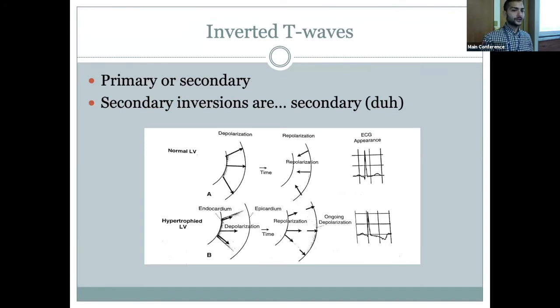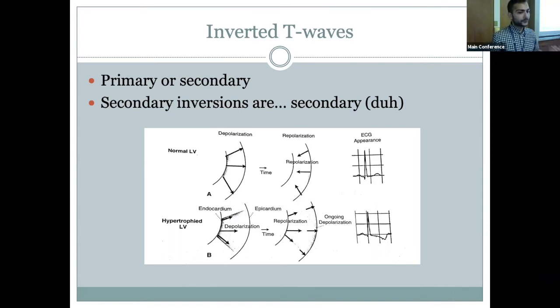What you notice in the normal LV is that normally you have a depolarization that goes from endo to epicardium. As that depolarization wave approaches the electrode, you get a positive deflection on the EKG. Likewise, repolarization goes from epi to endocardium, away from the electrode. So you have a repolarization wave leaving the electrode, and you get a positive deflection as well.